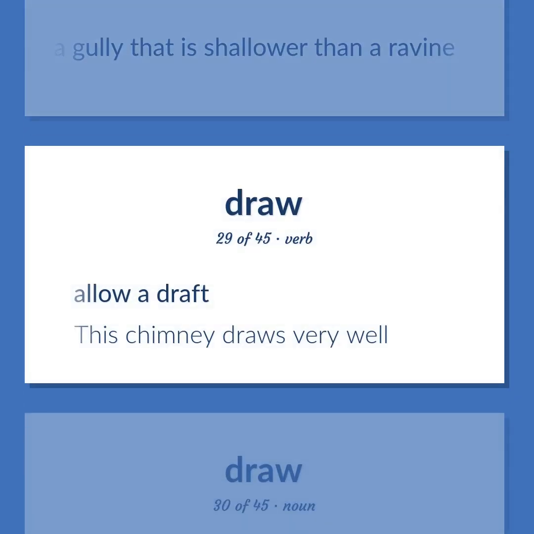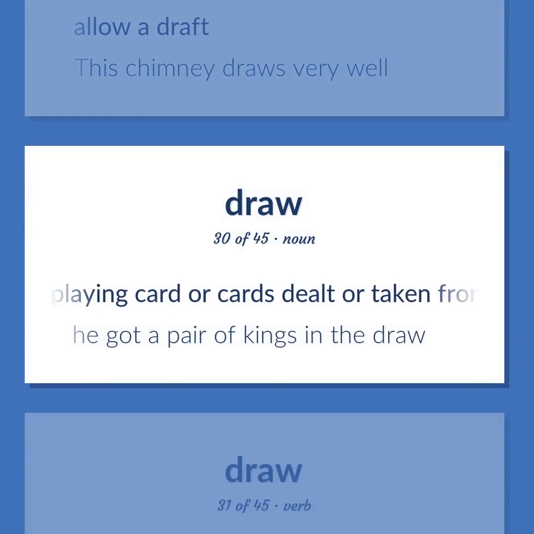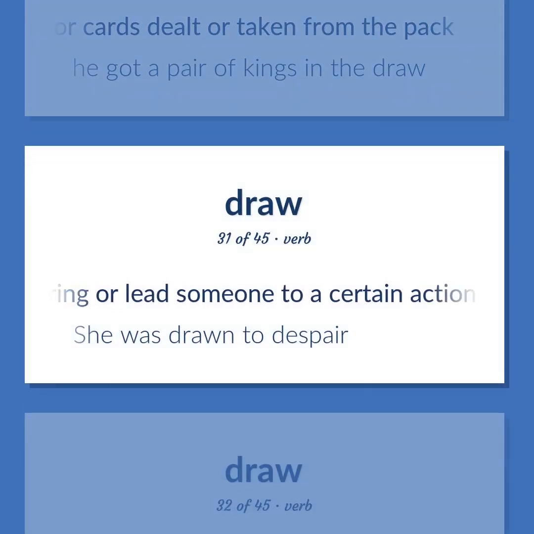Allow a draft. This chimney draws very well. A playing card or cards dealt or taken from the pack. He got a pair of kings in the draw. Bring or lead someone to a certain action or condition. She was drawn to despair.